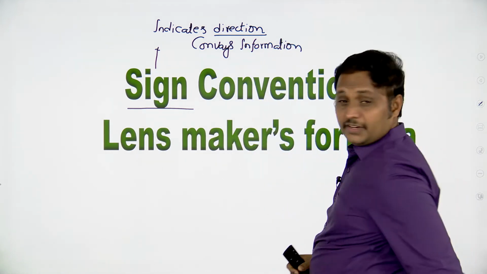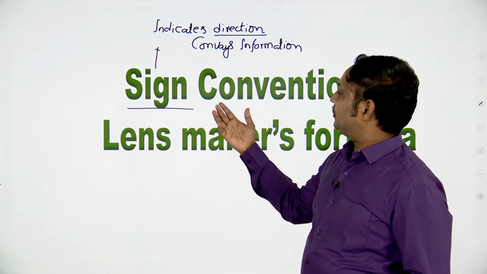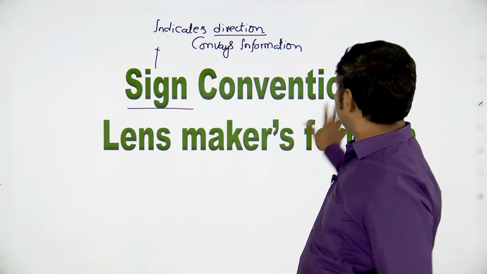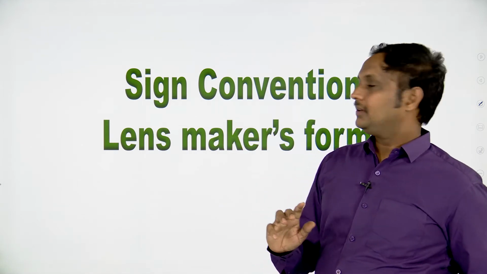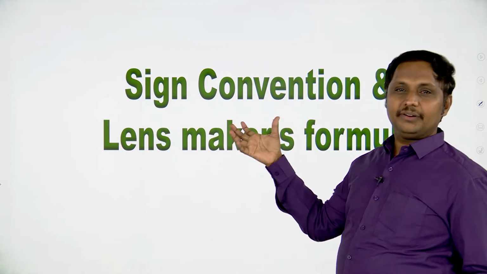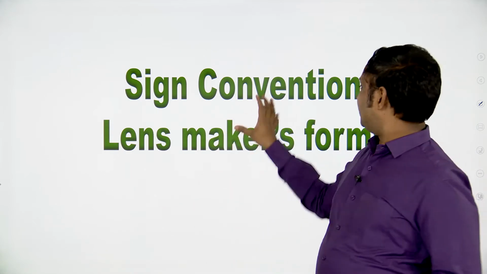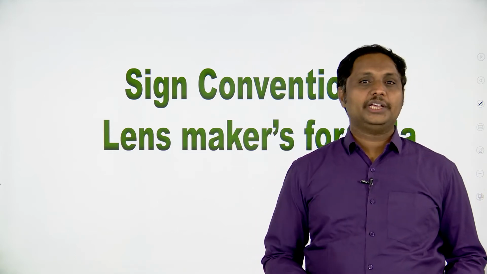Does the sign convey information regarding the image distance? Okay, it's very clear. We would like to go for sign convention, the information which was conveyed traditionally. That is going to be the traditional method that we are following.